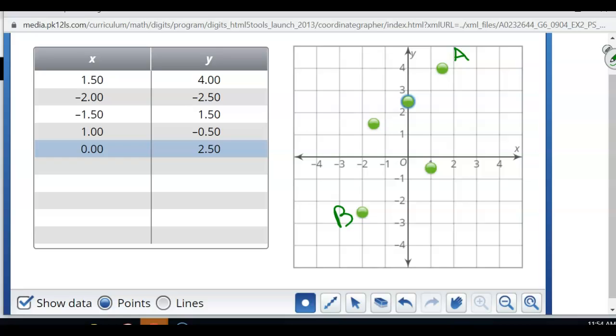All right, D. How do you get to D? How do we get to point D? Go to the right 1.